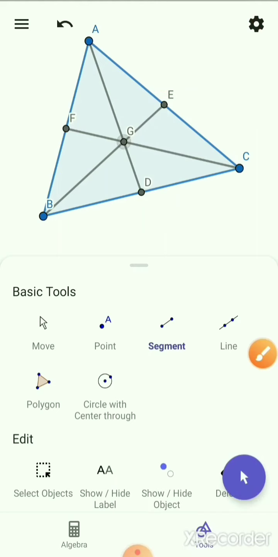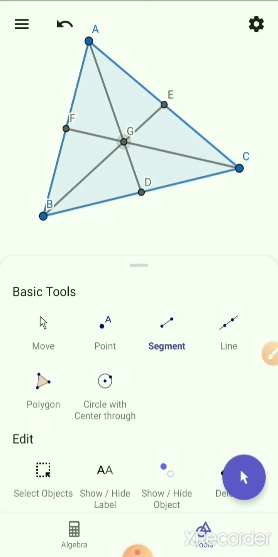So I hope everybody has got the concept of median. What is exactly the median? Now we will learn how to construct median. Okay, we have seen that if we find the midpoint of the segment and join it to the opposite vertex, then that segment would be the median.